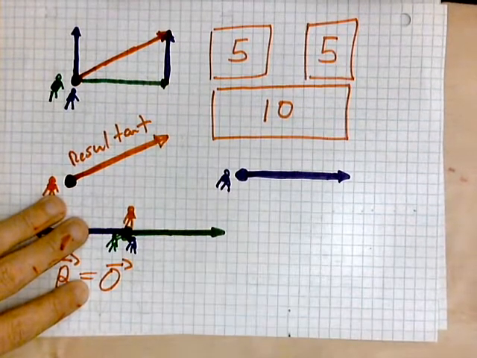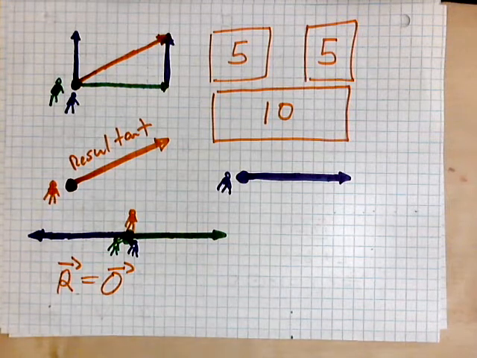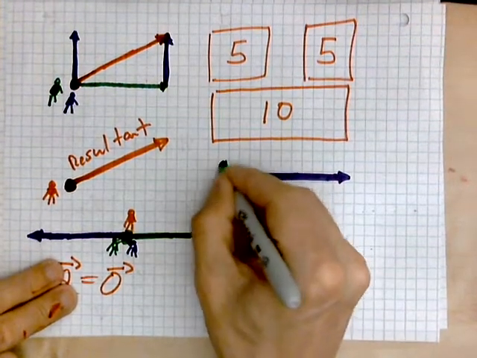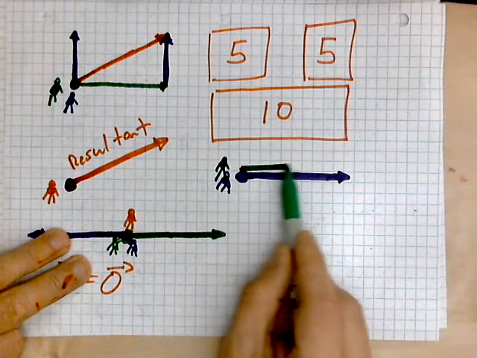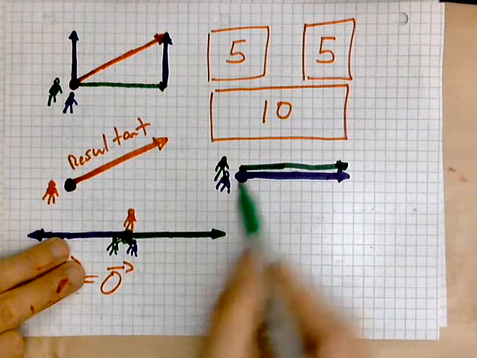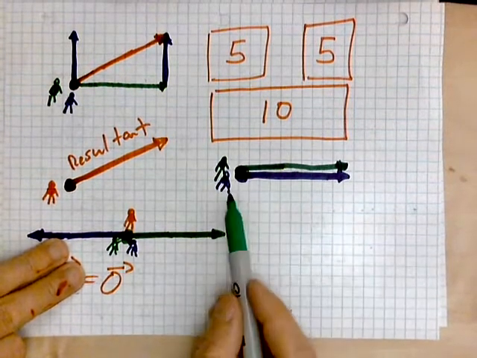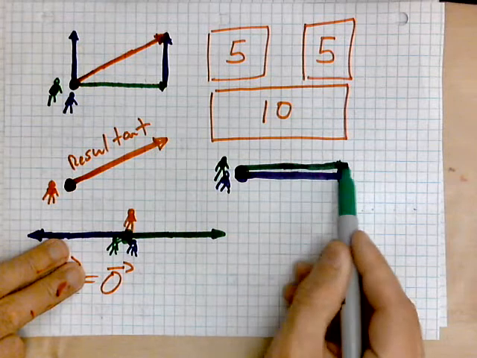So that looks like this. Another guy comes along, the green guy, and he pushes on the same object, and his arrow also looks like this. Okay? So there are two forces acting on the same object, and these forces are in the same direction.